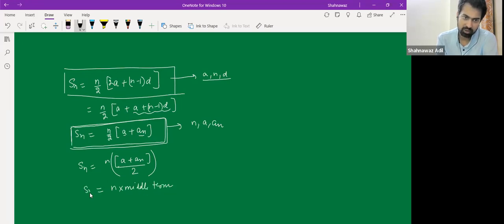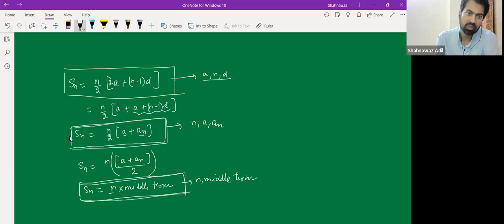If you are given the middle term and this n, you can calculate the Sn. So these are the three formulas that you can use. This one, this one, this one. Understood, guys? Yes, sir. Okay, so quickly note it down and then we'll start the problems.